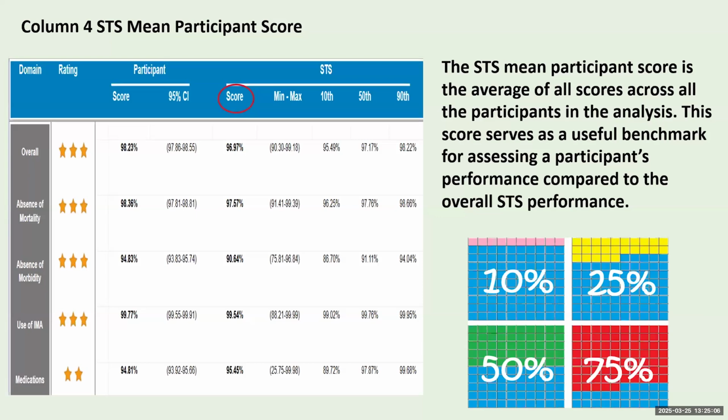Now, the reverse is true. Let's just pretend for a second that the STS score for the use of internal mammary artery, instead of 99.54, is 99.94, okay? So we look at the site's score, 99.77.